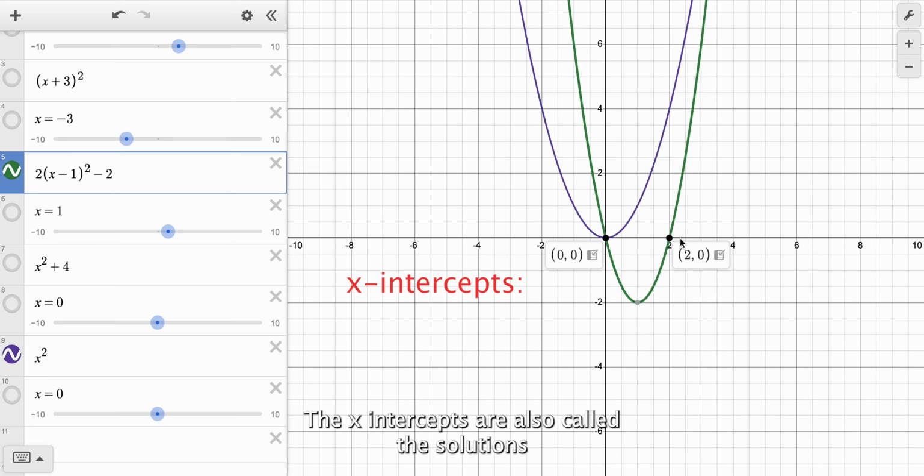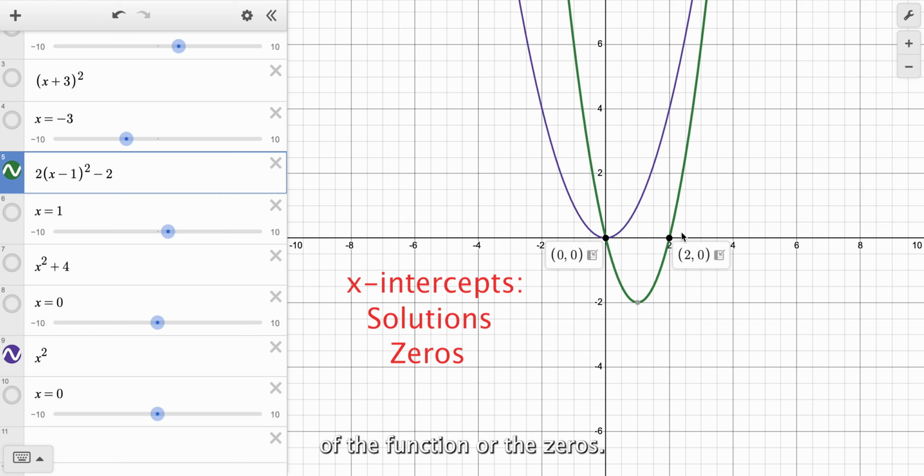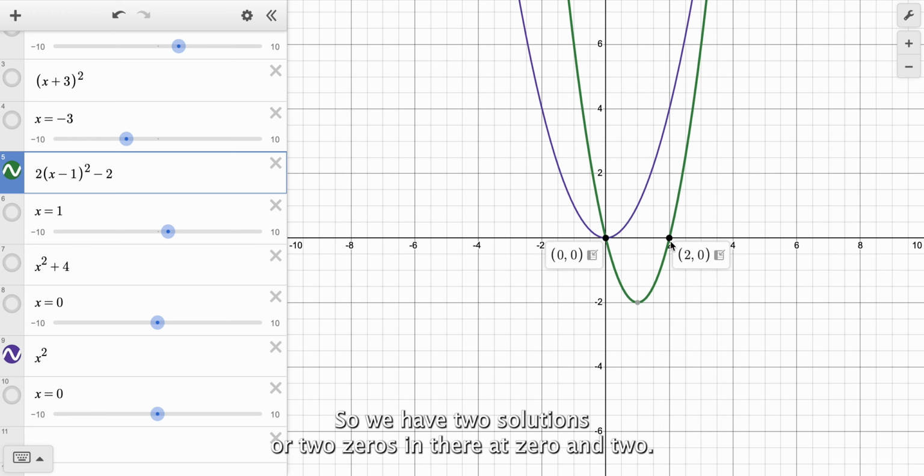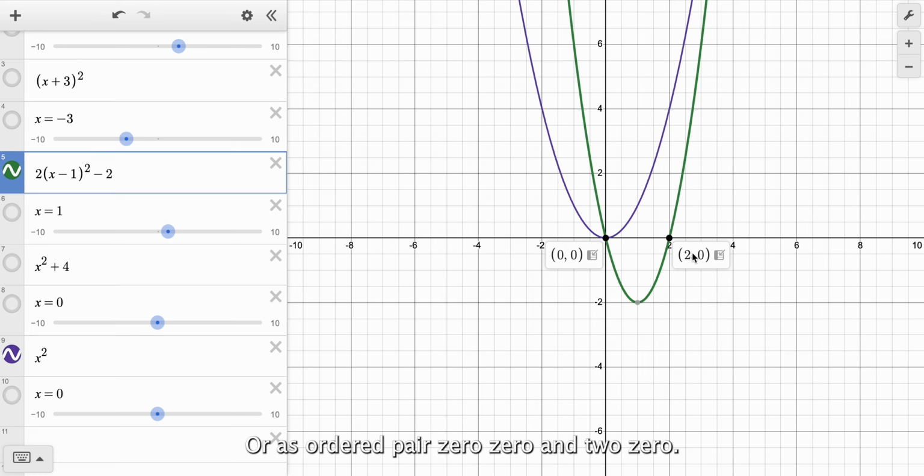The x-intercepts are also called the solutions of the function or the zeros. So you'll see those different words used throughout this unit, and you need to know that they're all the x-intercepts. So we have 2 solutions or 2 zeros, and they're at 0 and 2, or as ordered pairs 0, 0, and 2, 0.